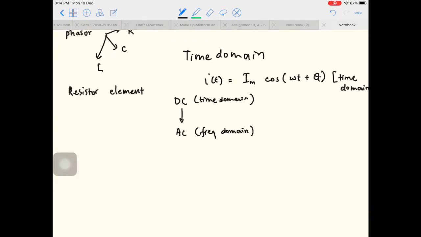And if you want to relate this with a resistor, this is a resistor, this is a current, and there is some voltage drop across this resistor. This is Ohm's law: voltage is equal to current times resistor.